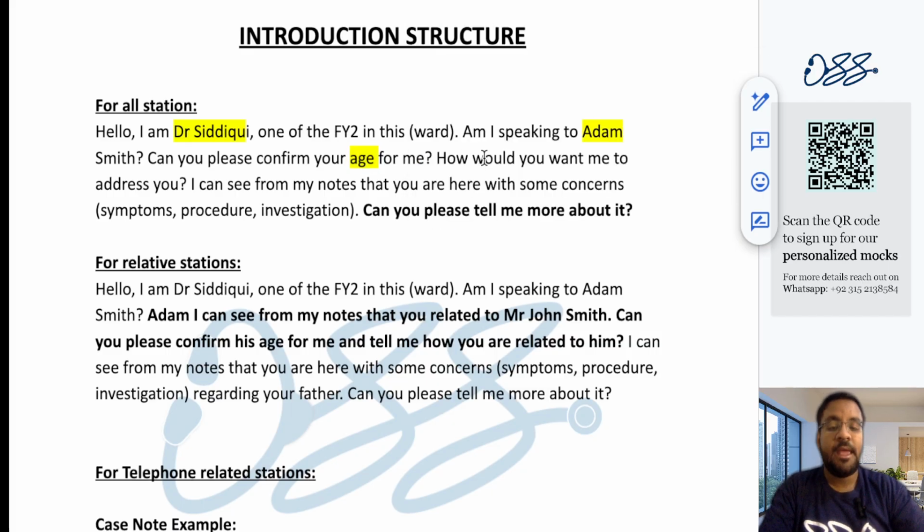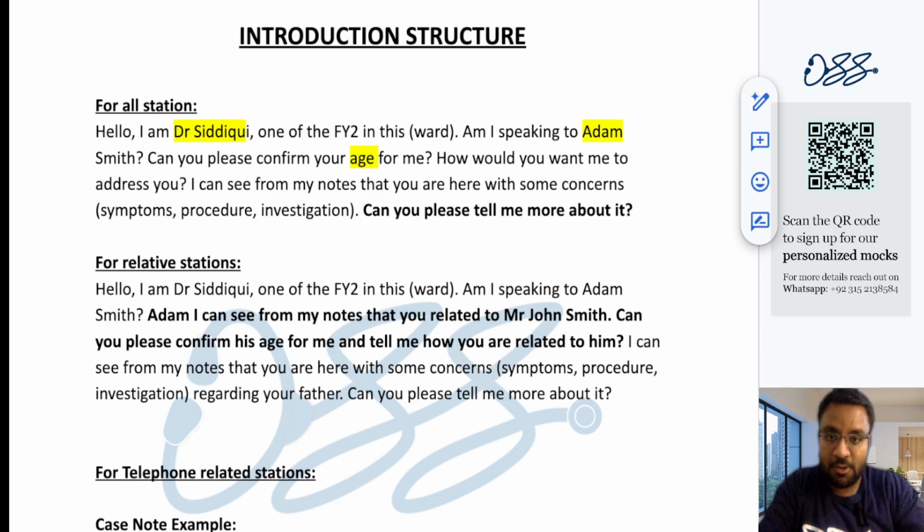And then you would want to know how the patient wants to be addressed, because Adam Smith may want to be called Mr. Smith, or maybe Adam Smith is from the LGBTQ group and may want to be addressed as Anna Smith.